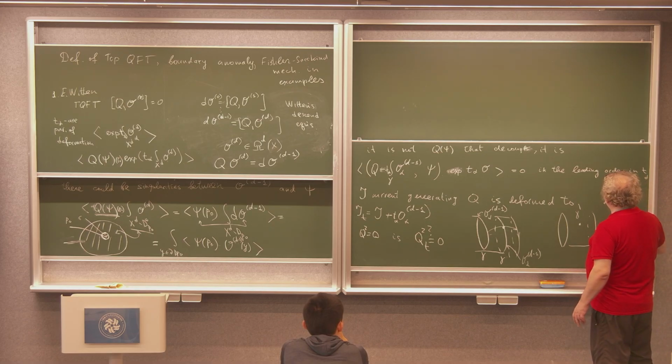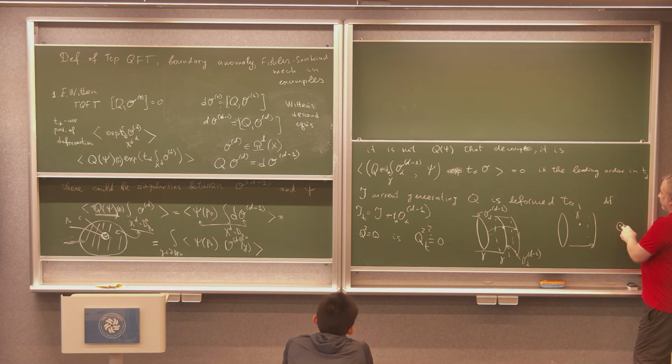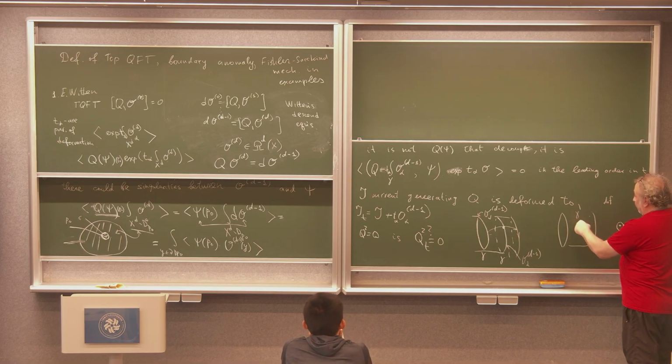So the difference is a contour going around the point on the second contour.